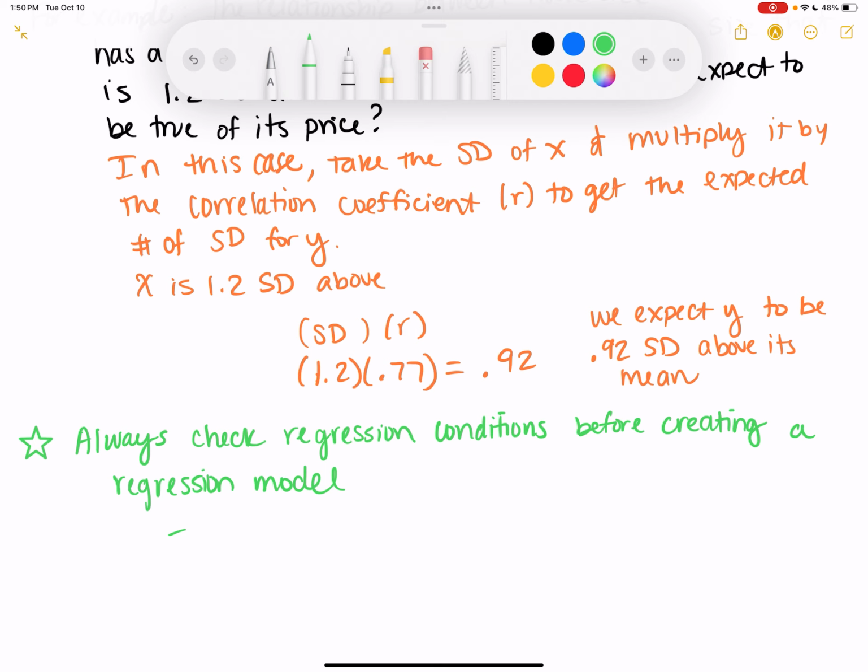So we've got to have quantitative data, surprise, surprise. We've got to have a straight enough scatter plot, and no extreme outliers.